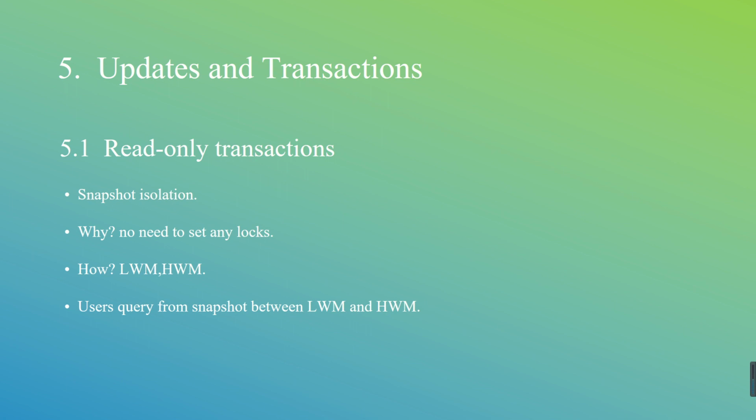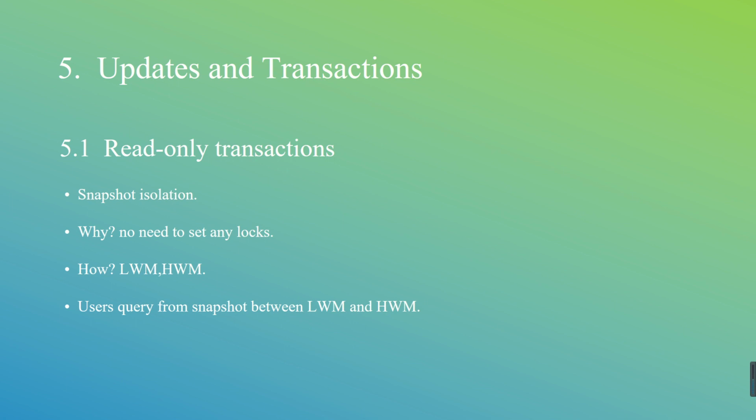The low watermark is the earliest effective time at which a read-only transaction can run, and we call the most recent time in the past at which snapshot isolation can run the high watermark, which is maintained by the time authority. C-store allows the user to query at any timestamp between the low watermark and high watermark.